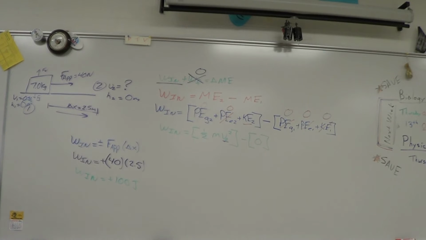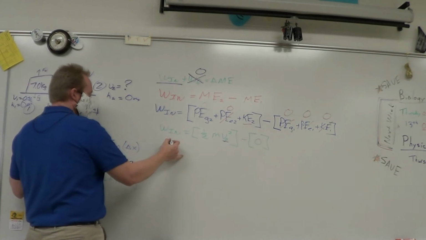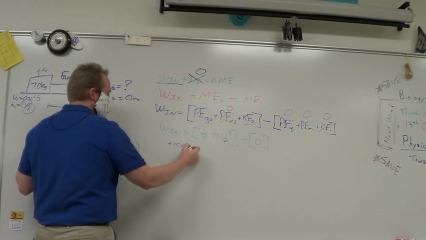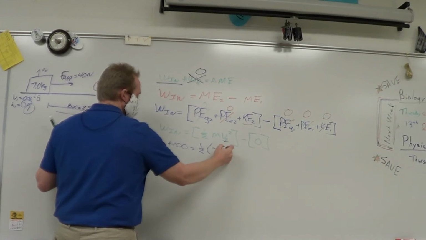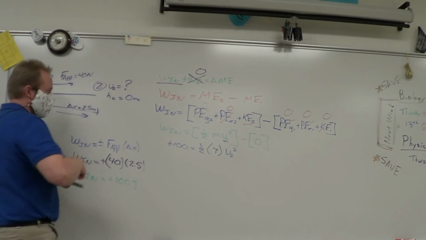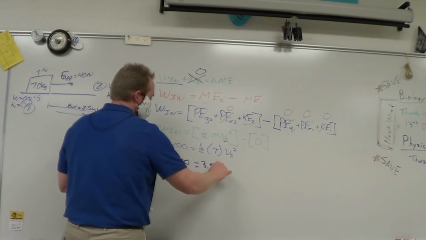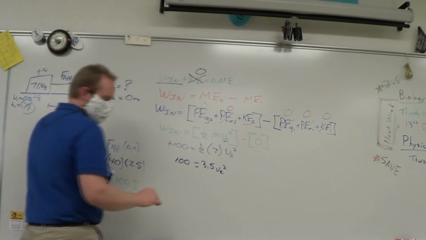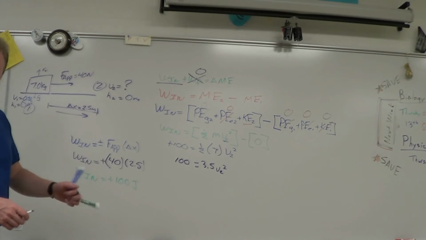Now it's just at the point where we plug numbers in and solve, and we say positive 100 is equal to 1/2 our mass of 7 times V2 squared. 100 is equal to 3.5 V2 squared. Divide both sides by 3.5, and then take the square root.